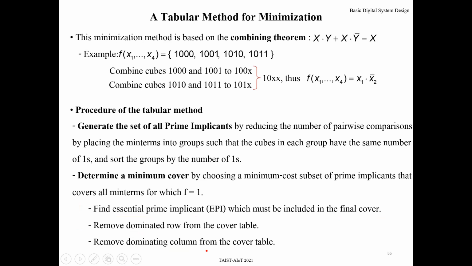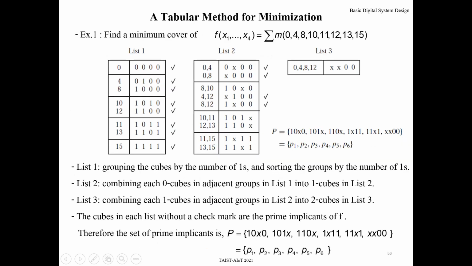Okay, let's see an example. If the function becomes 1 when the value of x1, x2, x3, and x4 is 0, 4, 8, 10, 11, 12, 13, and 15, then find the minimum cover.